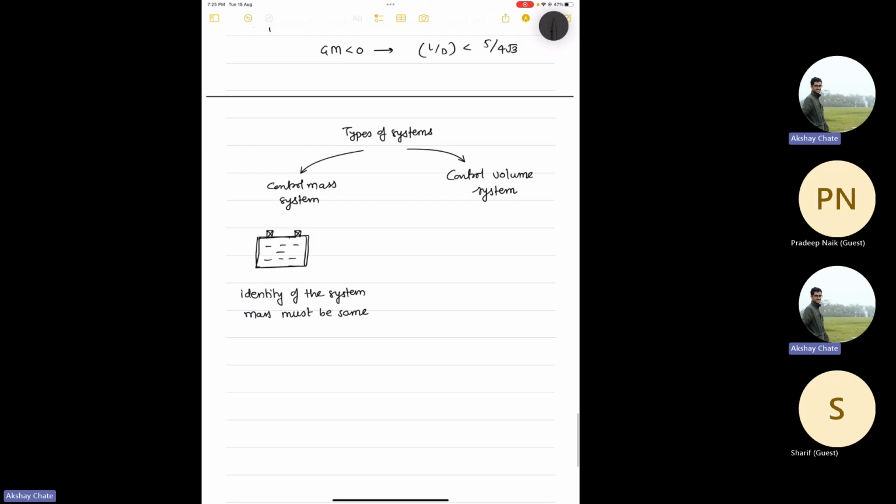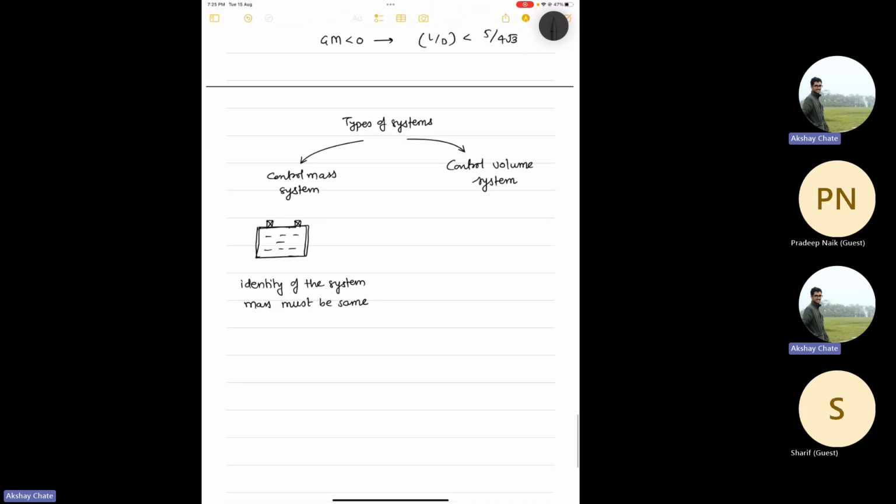Maybe I can give you the counter argument. Let's say I have again one water tank, which has a mass of 10 kg. I am putting some additional m dot inside from one inlet, and I'm taking out that same m dot from the other side.